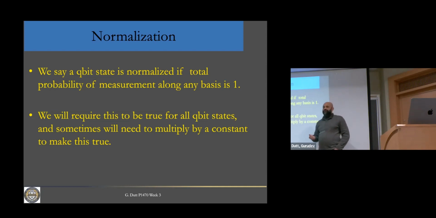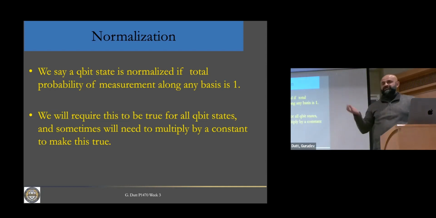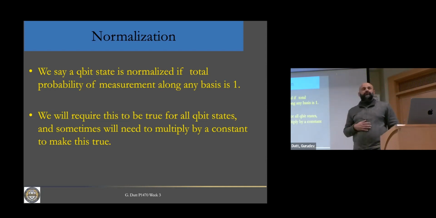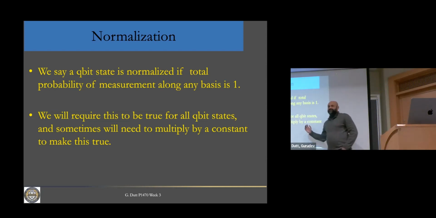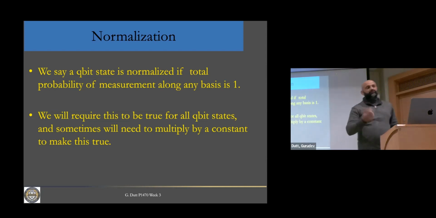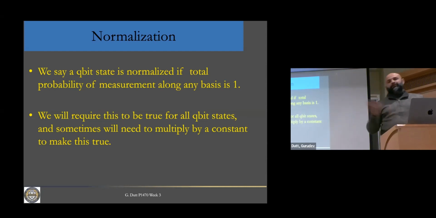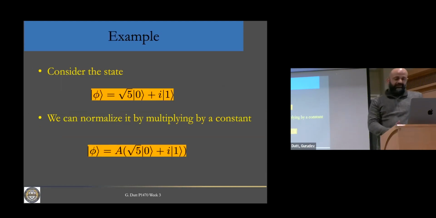So if you give me a qubit state, I must first check that it is normalized before I start to do other things with it. Sometimes we'll need to multiply by a constant to make this true. Somebody may write down a qubit state, or I may be careless and forget to write these things carefully, and then you should say, oh wait a minute, that's not normal.